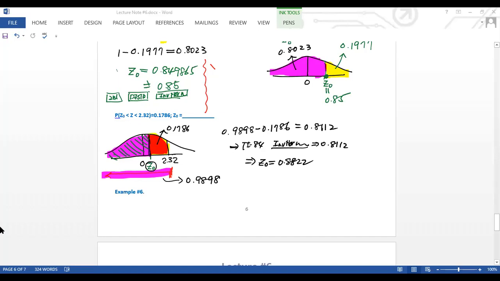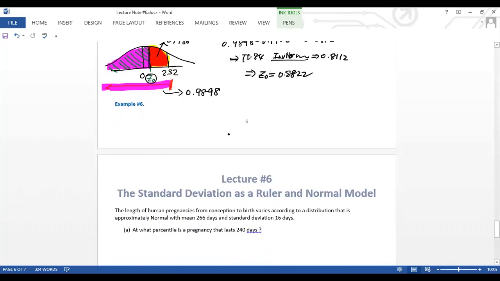If you use R, you need to use XP or XQ, right? And now remember, you always need to put the tail area, the area on the left. So that's why in here you need to minus 0.1786. After you do a few more, I think you will feel very confident about it. Just remember that, right? You need to graph.